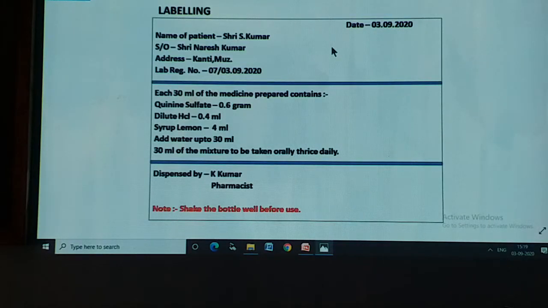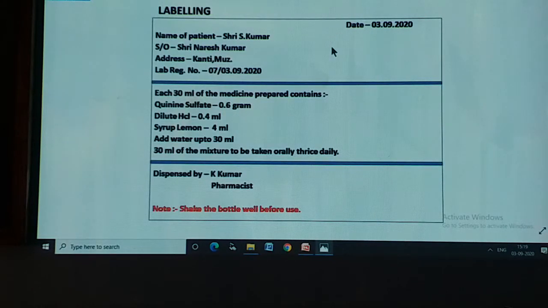But because here you all have to act as both prescription writer as well as pharmacist to prepare this medicine in the lab, you must know how labeling is done.